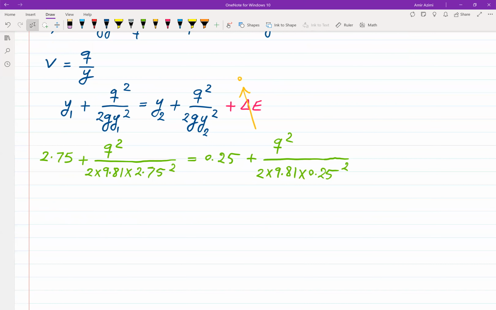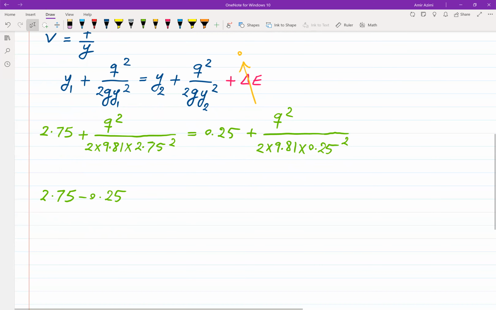So you can rearrange the equation. Basically we have 2.75 minus 0.25, and then you can multiply both sides by the denominator.